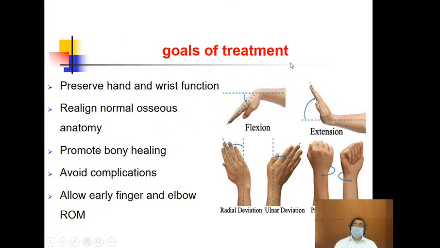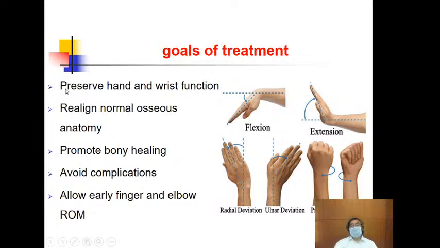Coming to the goals of treatment in every fracture, especially when it comes to an intra-articular fracture. Here, because the wrist and the hand functions are very, very essential, if the wrist is stiff, even a supple hand cannot function to its full extent. 100% it will not.